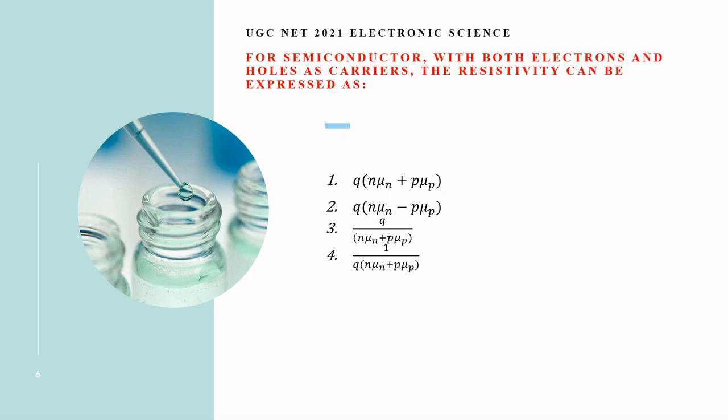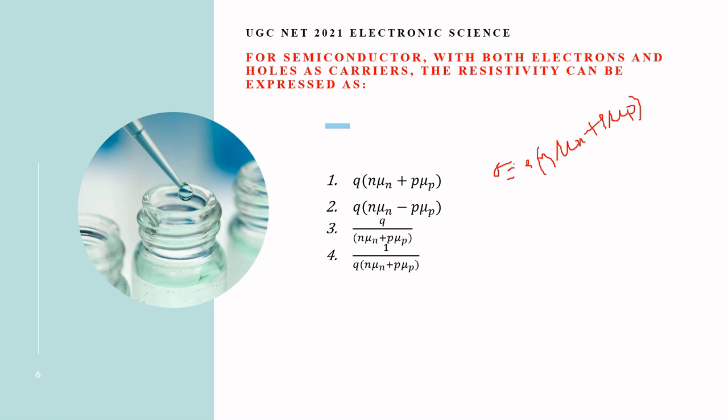For a semiconductor with both electrons and holes, the conductivity is equal to E into N mu N plus P mu P, right?